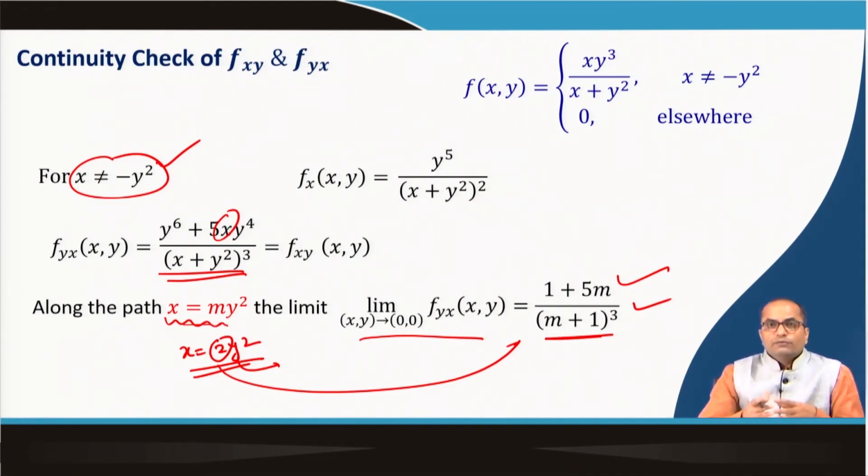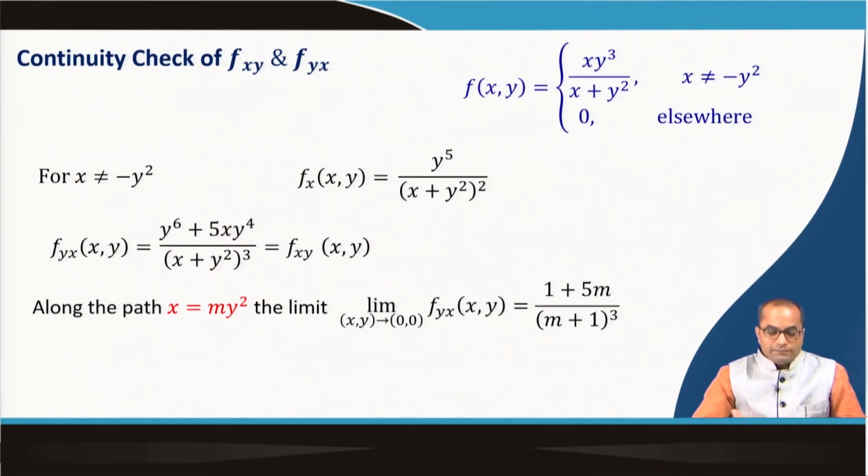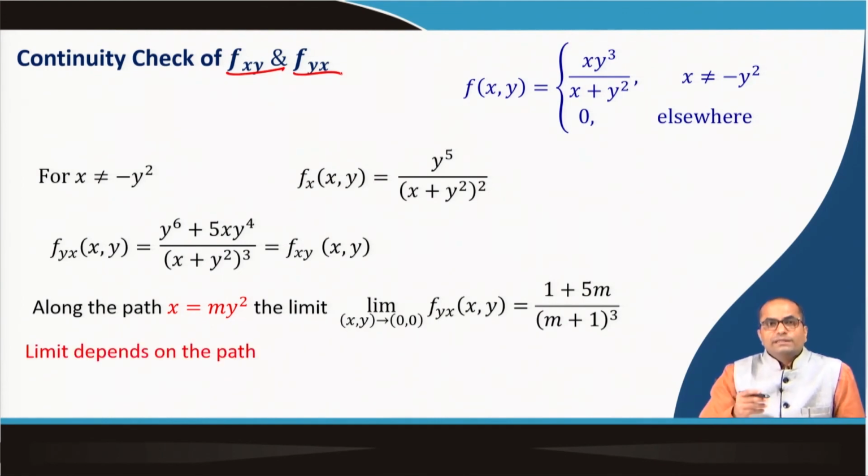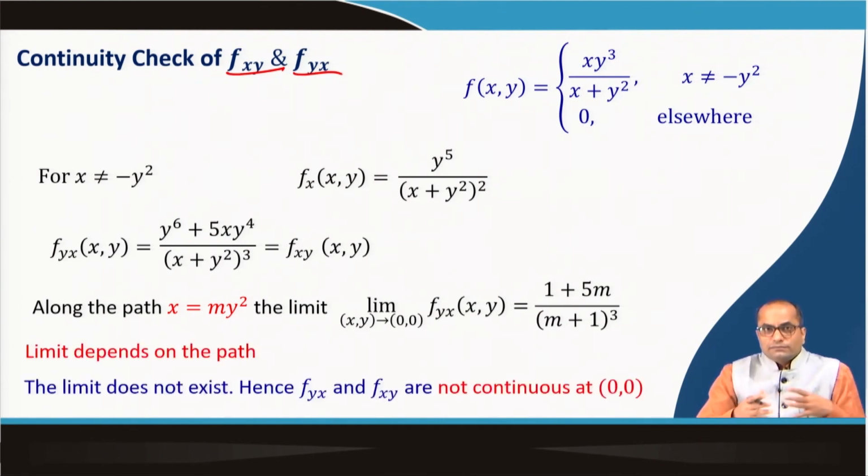So, it depends very much on the path you choose to approach 0 comma 0. Therefore, this limit does not exist, and hence we cannot talk about the continuity of fxy or fyx. Indeed, in this case these functions fyx and fxy are not continuous, which we have already observed, because fxy and fyx at 0 0 were not the same, and if they were continuous, those values would have been the same.